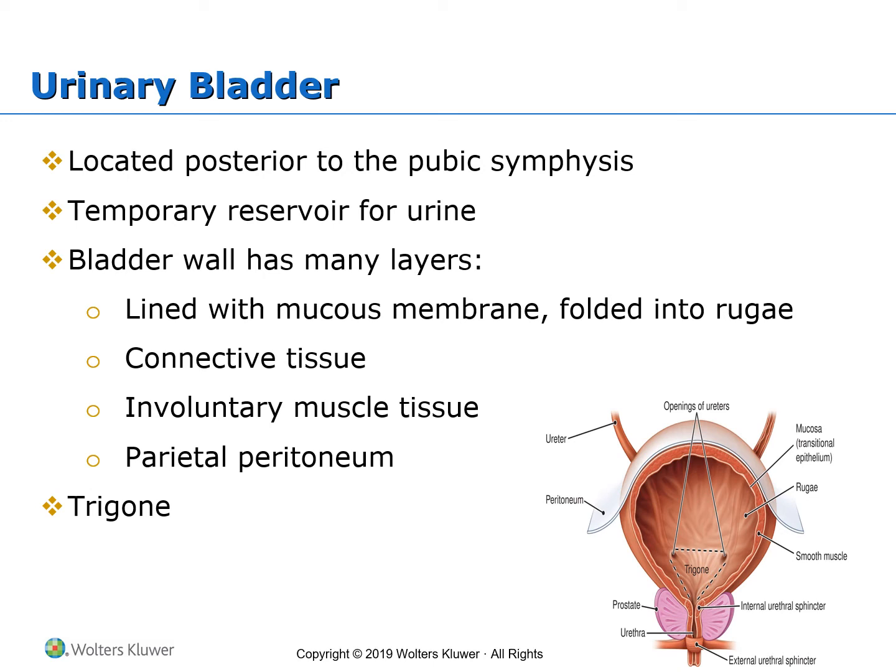Otherwise, it's kind of low in the pelvis and protected by the pubic symphysis. The bladder wall has several layers. From the inside out, it will be layered by a special type of epithelium. Remember, the transitional one that has this ability of changing its shape to adapt to different volumes.